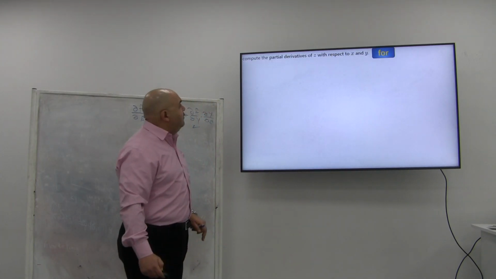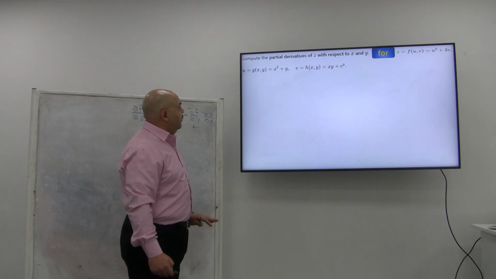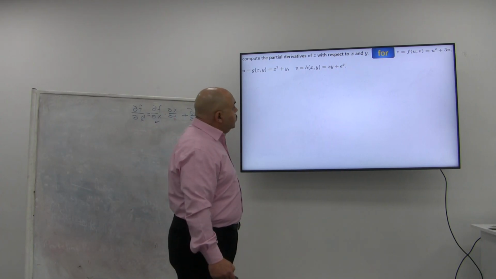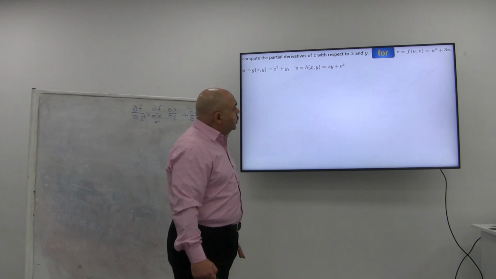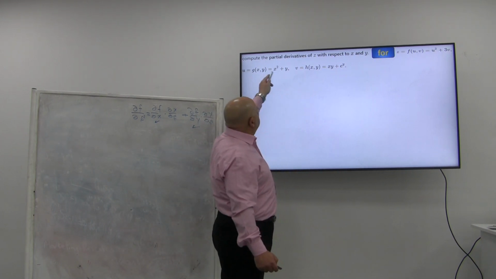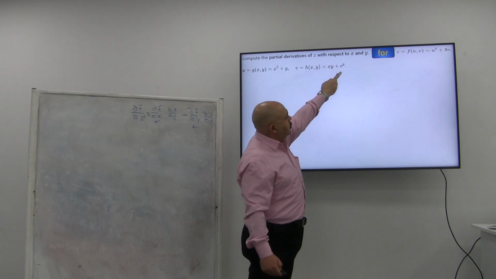What if we have the case, this is also another problem before going to further cases. This is for z, which is a function in u squared plus 3v. And here is u, x squared y, and here is v, xy, and e to the power of y.